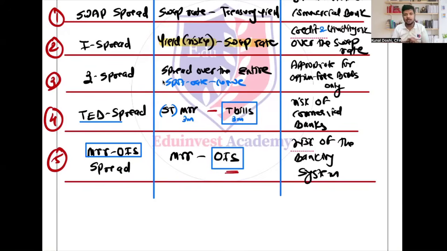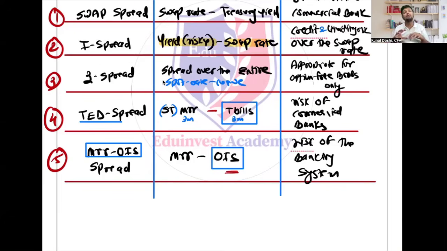So OIS is 1-day borrowing, right? TED compares that with the T-bills, but T-bills are for longer maturity. Generally, we use 3-month maturity T-bills. Both the spreads, when they rise, signal an increase in the risk in the banking sector. Understood? The MRR-OIS spread previously had a different name.